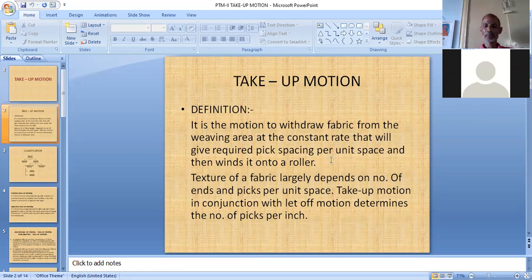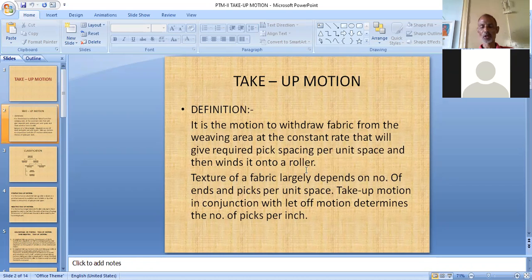So picks per inch or picks per unit space is reciprocal of, or inversely proportional to, pick spacing. And this pick spacing depends on the rate at which we are withdrawing the fabric from the weaving area during the weaving process. This is one function to determine the pick spacing and indirectly determining picks per unit space.